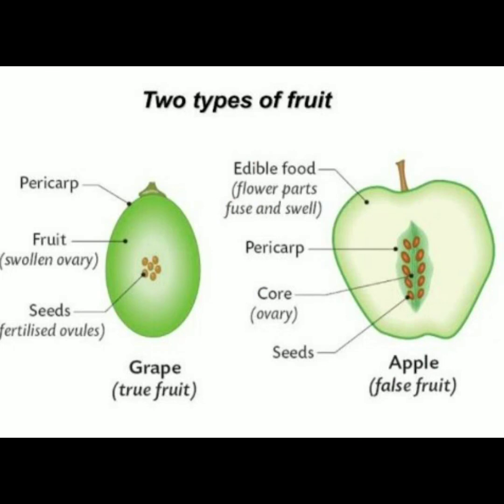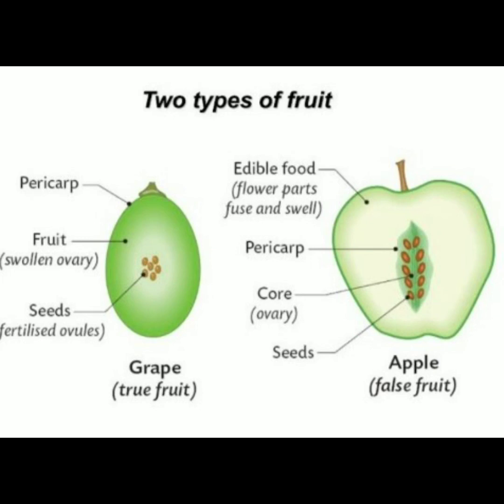Next, let us learn fruits and seed formation. After fertilization, the ovary grows into a fruit and other parts of the flower fall off. The fruit is the ripened ovary.